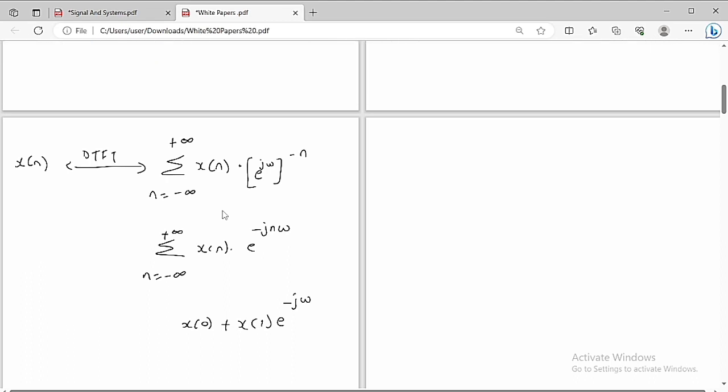If I substitute n equal to minus 1, then I get x(-1) into e^{jω}. So this will go on. This is the term for n equal to minus 1, this is the term for n equal to 0, and this is the term for n equal to 1. Like this it is going to go.